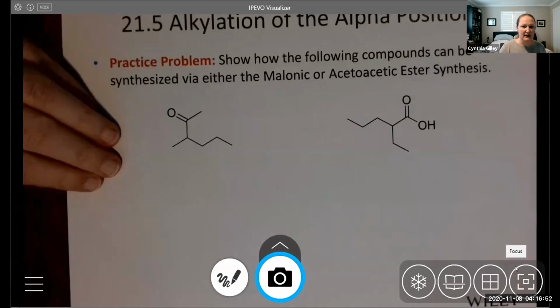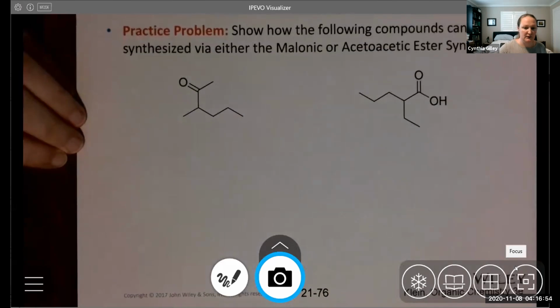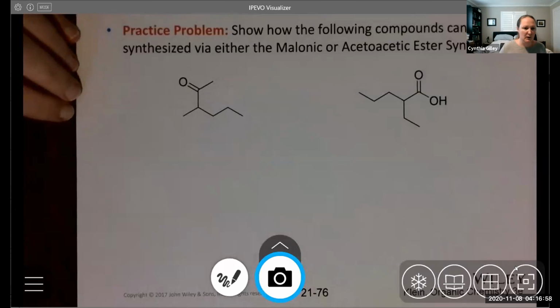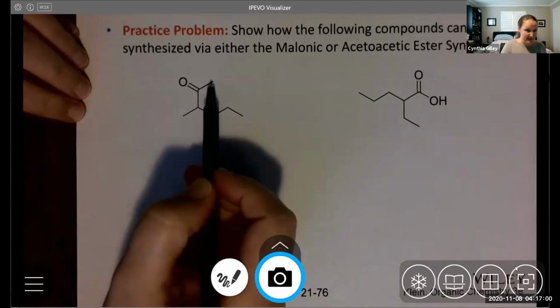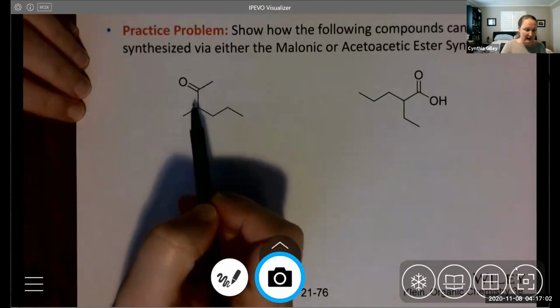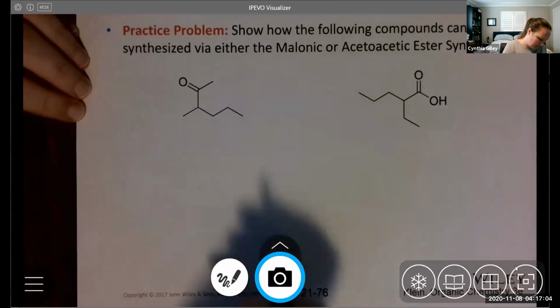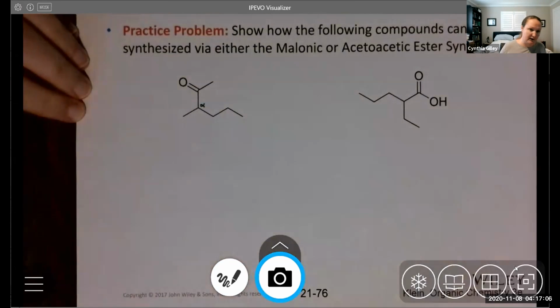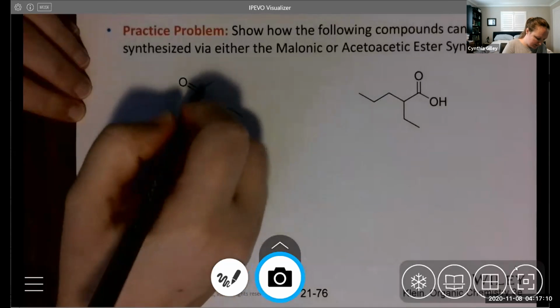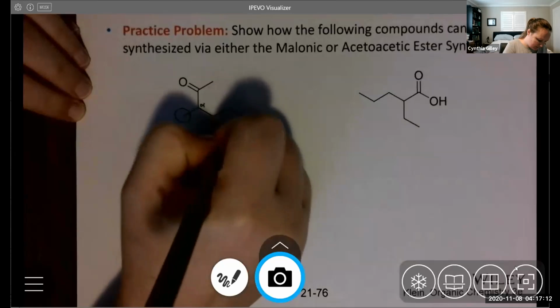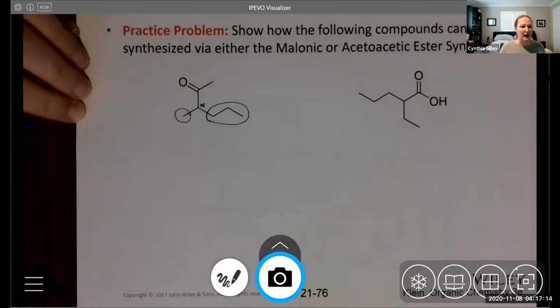Okay, so let's go ahead and go over how to tackle these problems. Right, so you might have noticed that we have this methyl ketone, and this would be one of the two alpha carbons. So perhaps we could have introduced these two alkyl groups through alkylations of that alpha position.